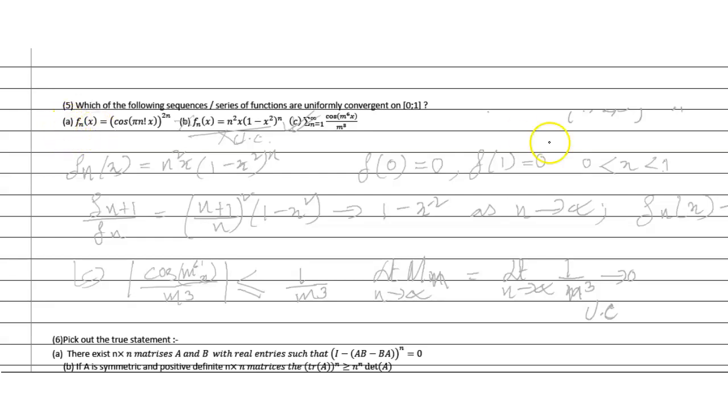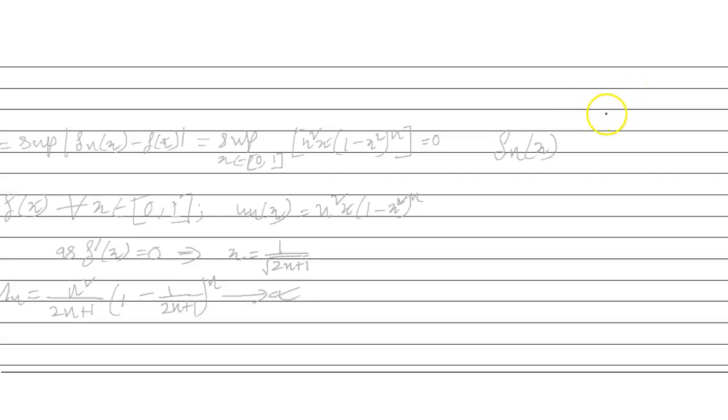Another portion is number A. Number A is fn(x) equals (cos(pi n factorial x)) whole to the power 2n.